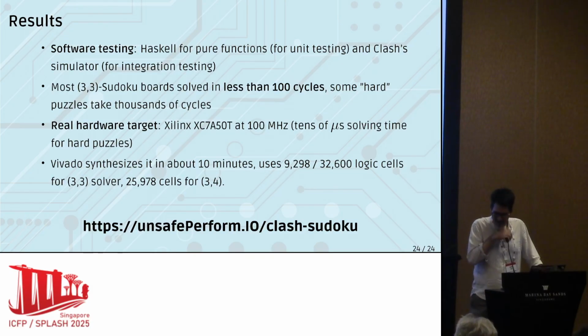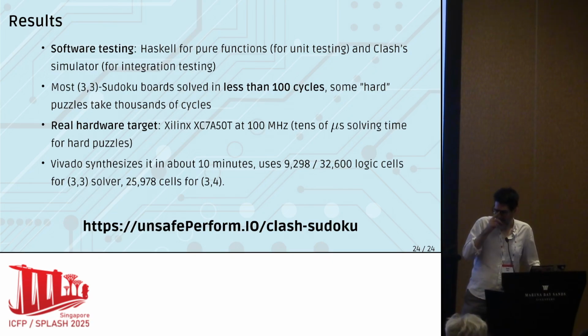And as for the size of the circuit, the proprietary Xilinx Vivado synthesis tool synthesizes it in about 10 minutes, which is not too bad actually. These tools can sometimes run for a very long time, even on these small boards. And the resulting circuit is about 9,000 logic cells, which is about a third of this particular FPGA model for the 3-3 solver.